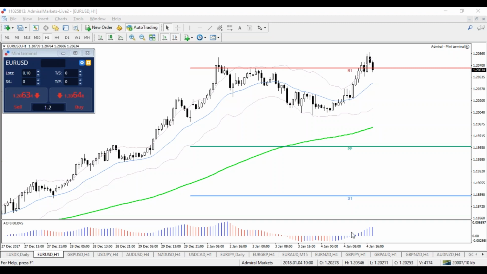Any questions at this point? Which support or resistance tool or indicator do you prefer? What is your favorite one? Let's see, just like a sample, a small poll. Which is your favorite support or resistance indicator or tool?